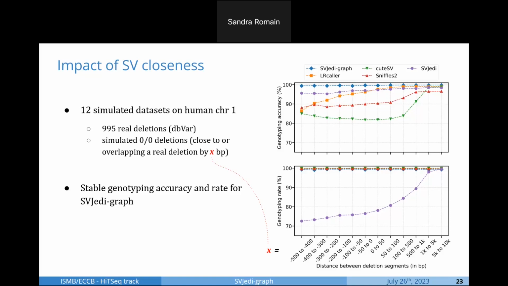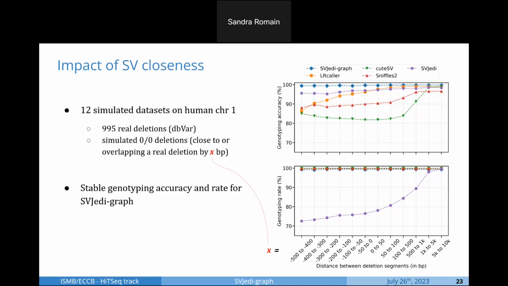Here the results show that for most of the long-read genotyping methods, the more the deletions get close or overlap each other, the more the genotyping accuracy drops, which is not the case of SVJedi-graph.